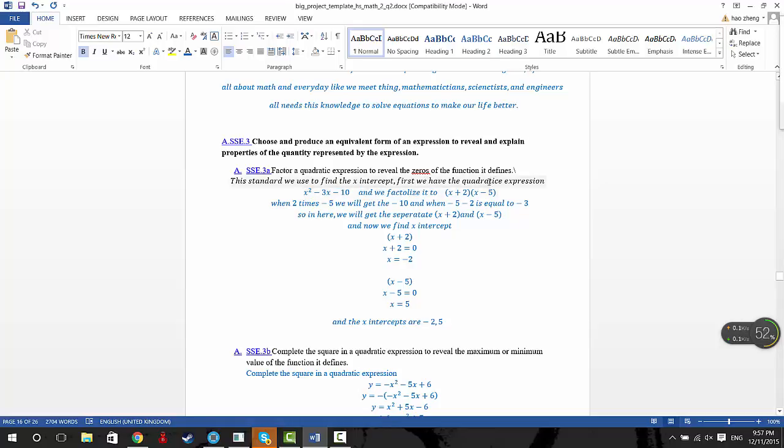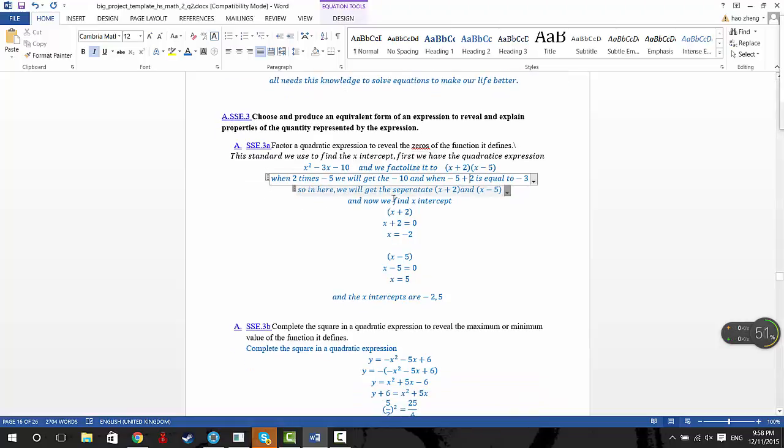First we have the quadratic expression here. I factorize it to this, as you can see. So 2 times 5, we get negative 10, right here. And when negative 5 plus 2 is equal to negative 3, yeah, it's right.